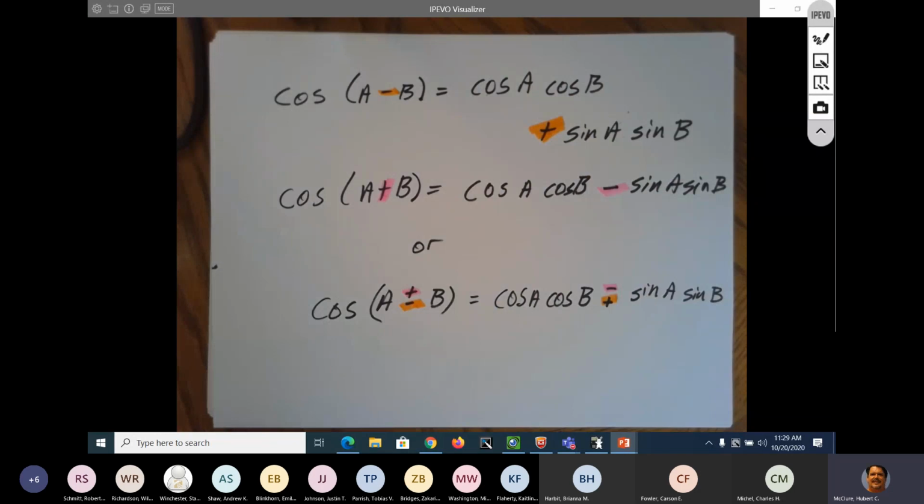So you can remember 2, or you can just remember 1. They do the same thing with the sine and the tangent also.